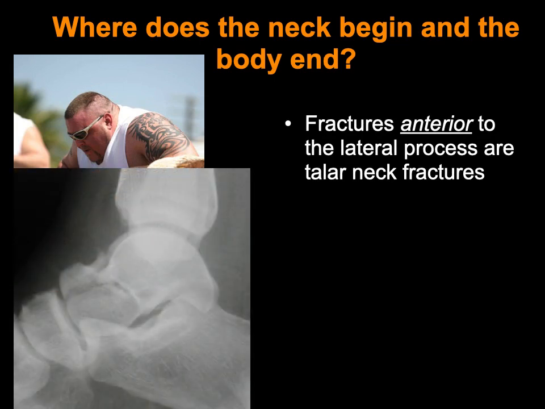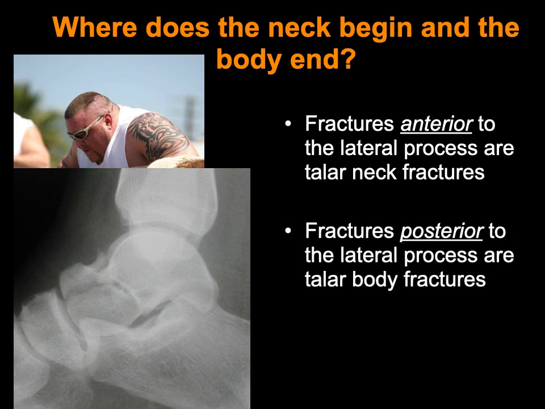So in this example, although there is comminution present, all fracture lines are anterior to the lateral process of the talus, and therefore this is a true talar neck fracture. Fractures posterior to the lateral process are talar body fractures.